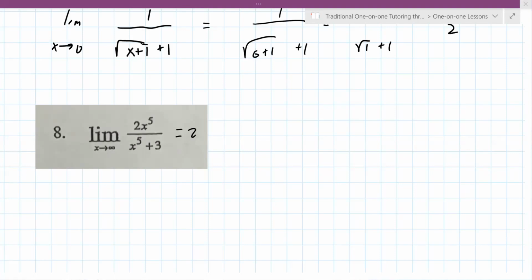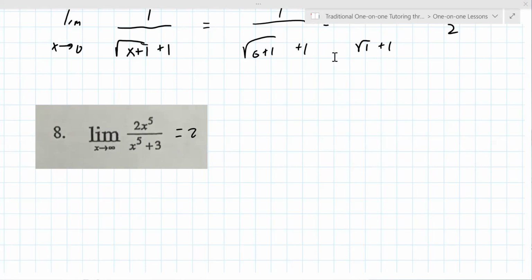So if they have the same exponent, the same power, it's just the leading coefficient of the numerator over the leading coefficient of the denominator, right? Yes. And if the denominator is greater than the numerator, what was it again? Is it 0?